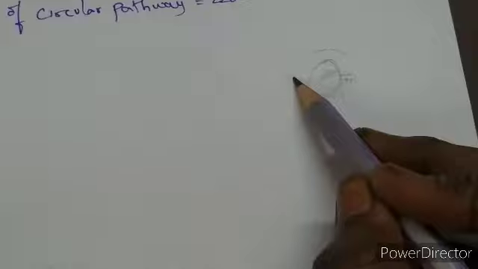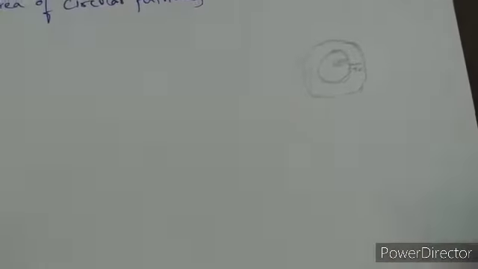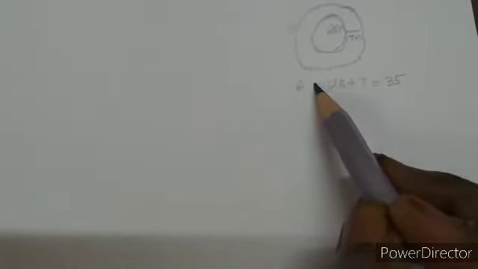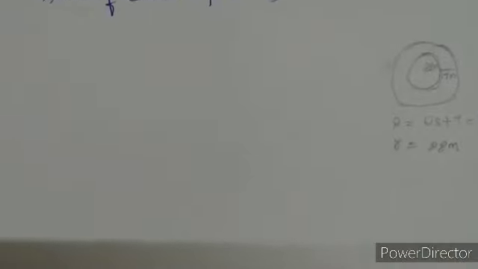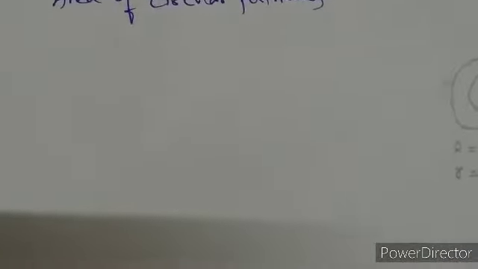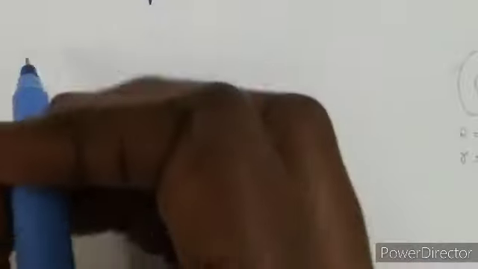So first step we have to find the outer circular radius. So 28 plus 7, which gives you 35. So the capital R is 35 meter, and the small r is 28 meter. Now easily, by using the formula, you can find the area of the circular pathway.